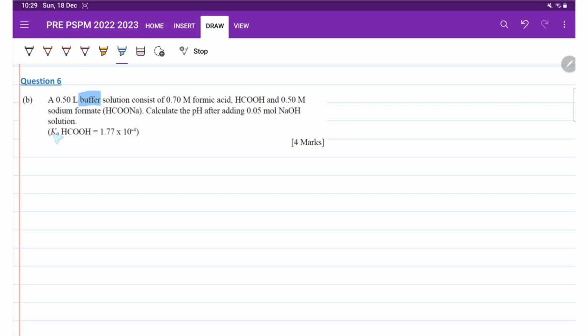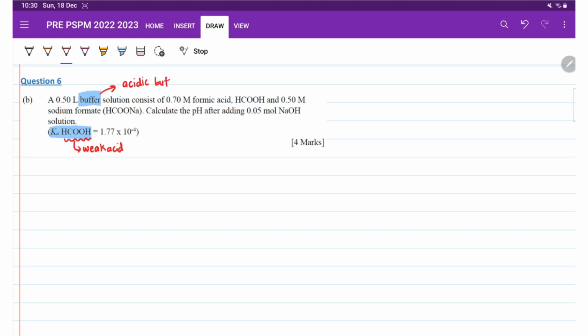Saya pakai highlighter. The Ka of HCOOH. So Ka adalah acid dissociation constant. So maksudnya HCOOH, formic acid, is our weak acid. Okay, so kita dah tahu kita ada weak acid dekat sini. Maksudnya our buffer system is an acidic buffer.